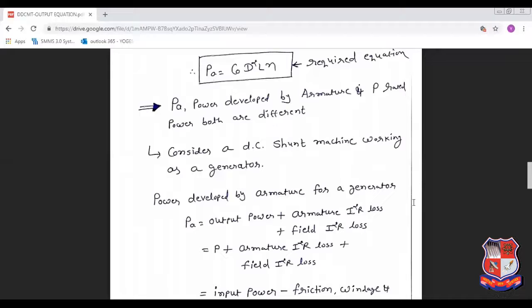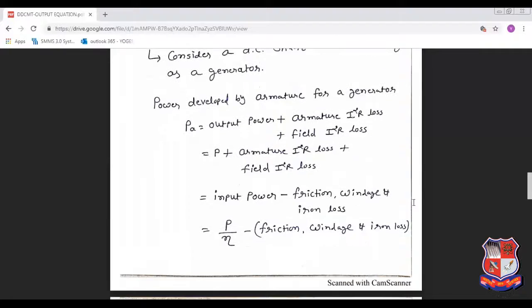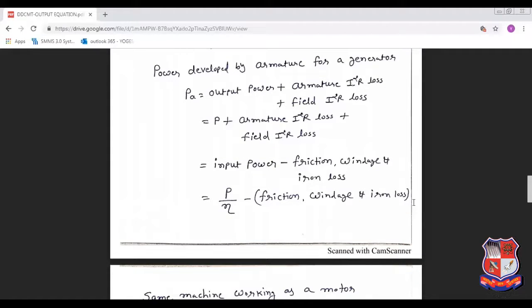So the power developed by the armature for a generator, PA, is equal to output power plus armature I square R loss plus field I square R loss. So PA is equal to P plus armature copper loss plus field copper loss. Then the equation can be given in the form of input power. So PA is equal to input power minus friction, windage and iron loss.